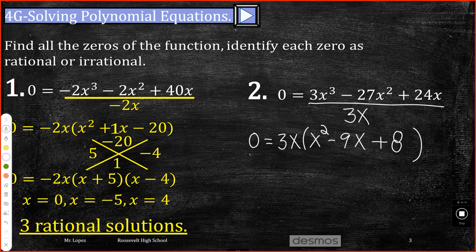And then we do the x if you want. Negative 9 at the bottom, 8 on top. So what are the numbers here? Two numbers that multiply to equal 8 and add up to negative 9.